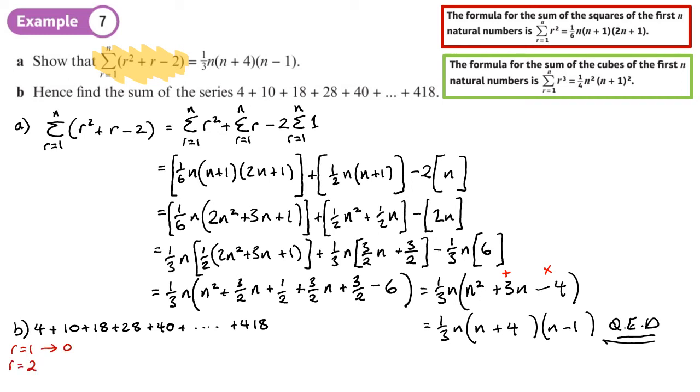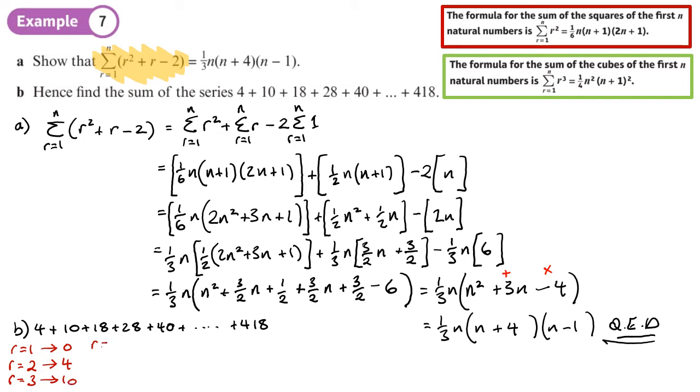So when r equals 2, I get 2 squared plus 4 plus 2 minus 2, which is 4. Okay, when r is 3, what do I get? So I get 9 plus 3, which is 12, and I get 10. It looks like I'm getting these numbers in a sequence, isn't it?